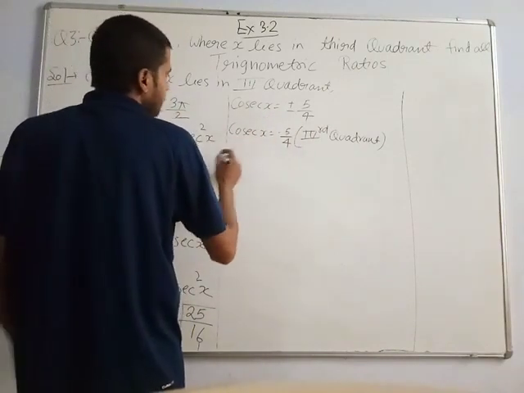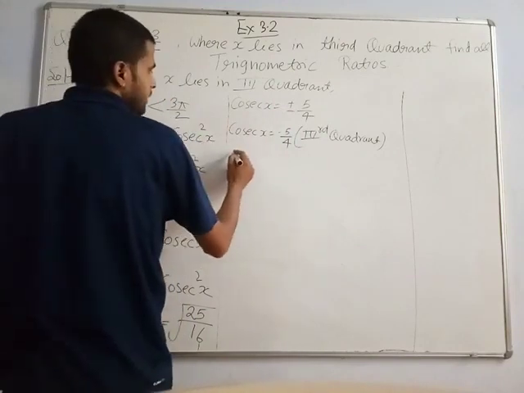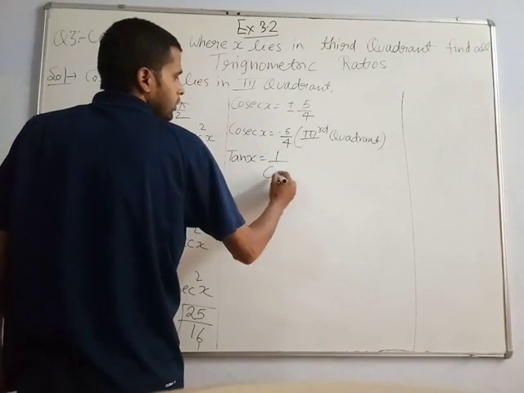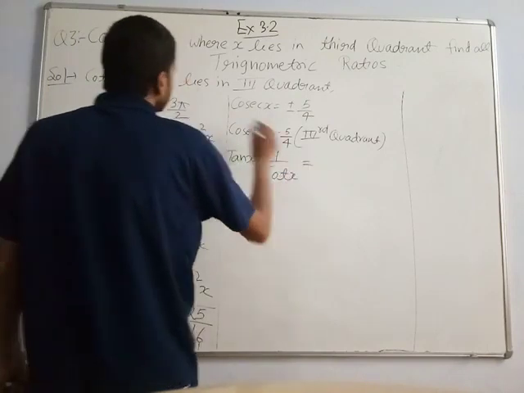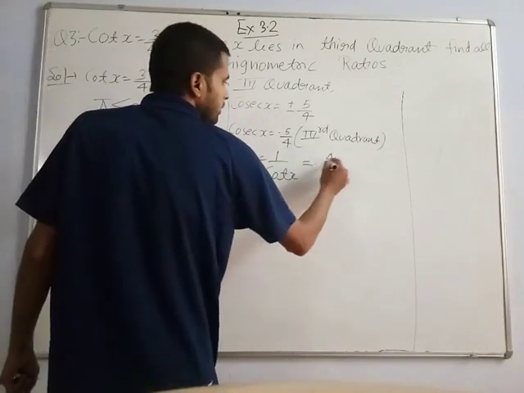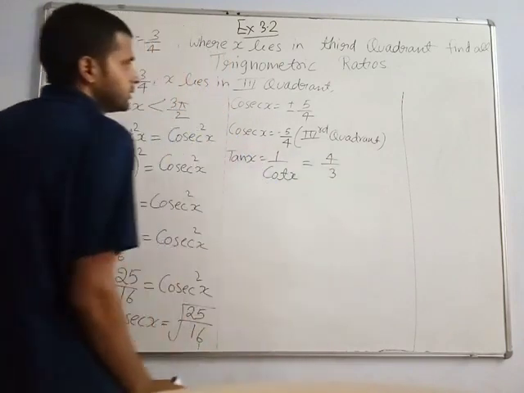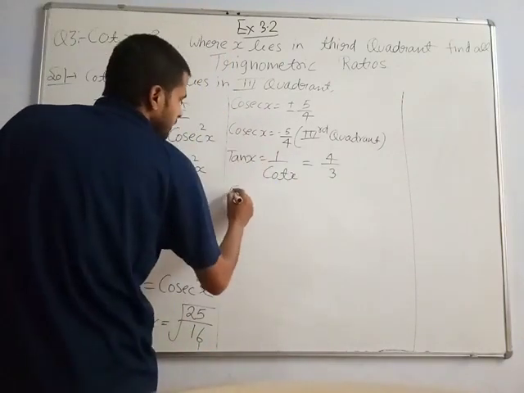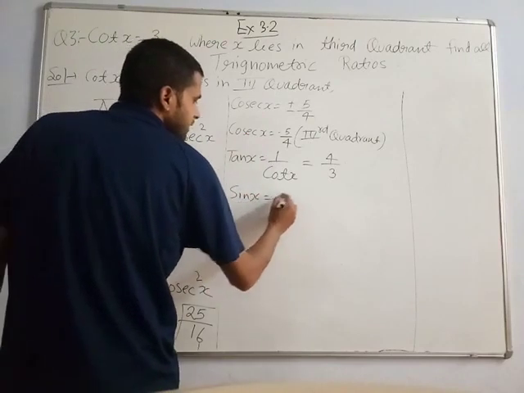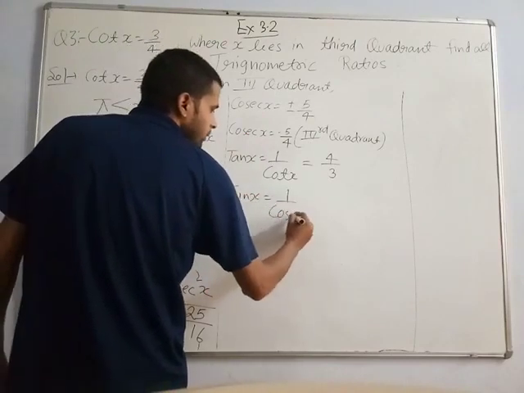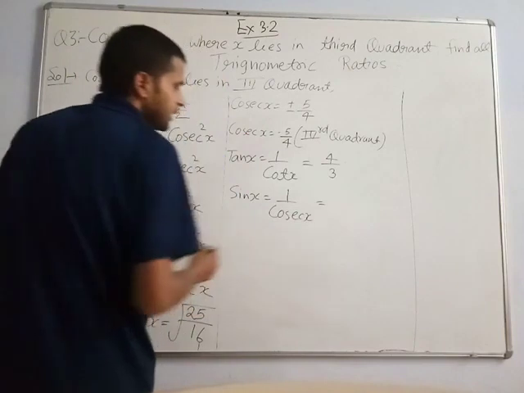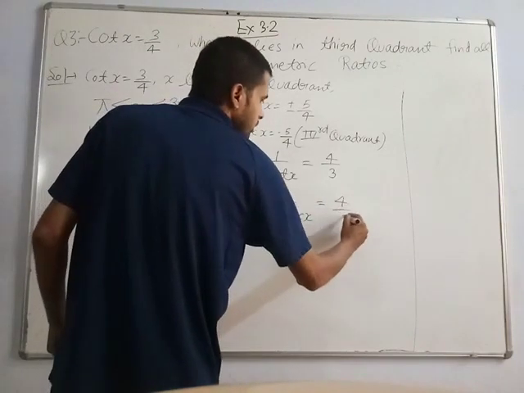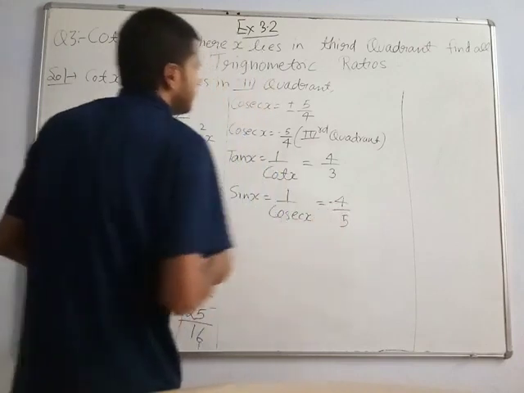So the value of cot x is given, so the value of tan x is 1 upon cot x, meaning 4 upon 3, right? So the value of sin x is the opposite of cosec x. So 1 upon cosec x means minus 4 upon 5, right?